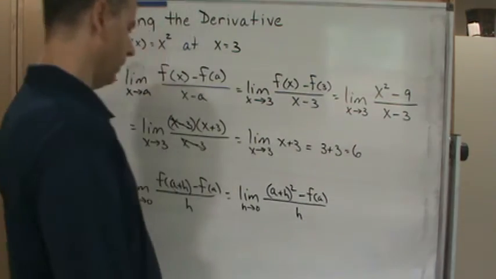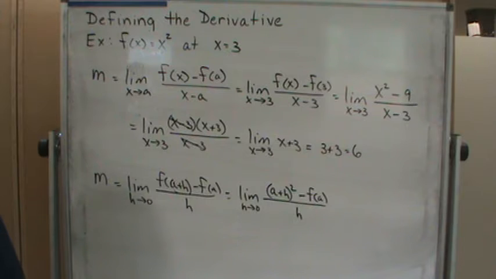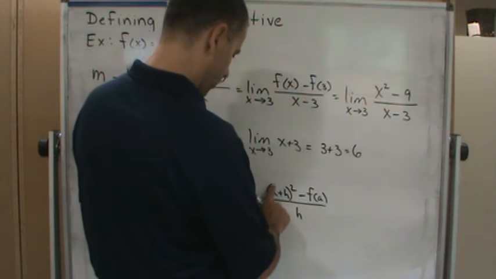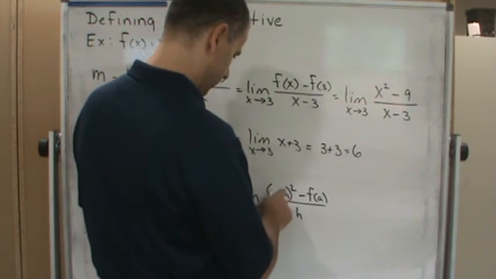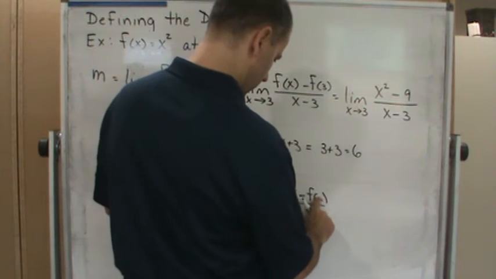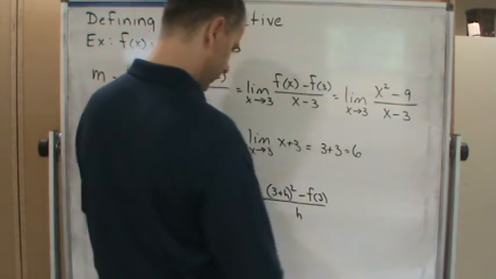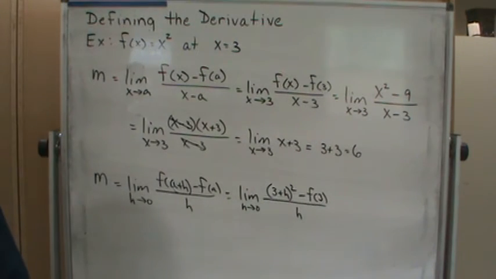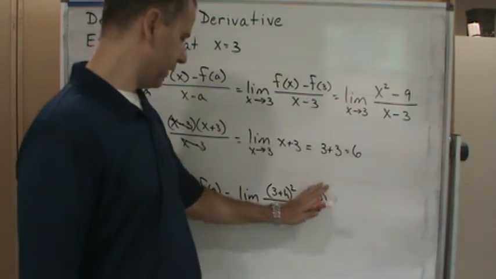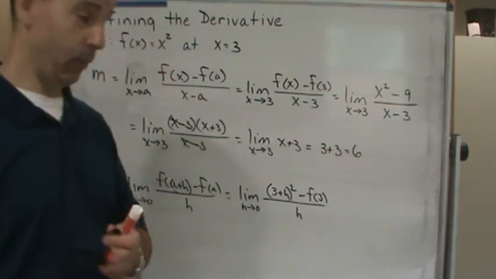So now I'm going to plug in a. So this will be 3. And this will be 3. So now I've got everything in terms of just h, which is what I want.